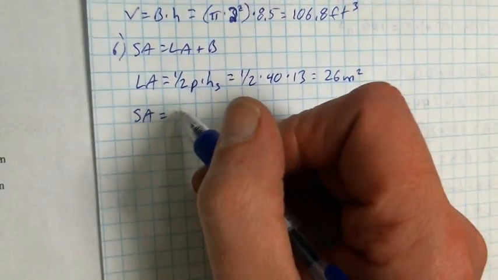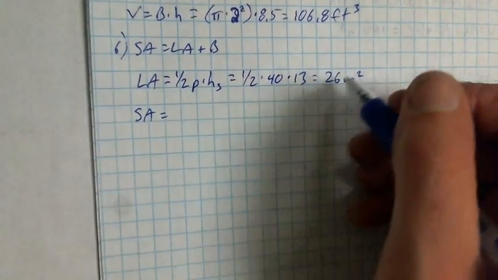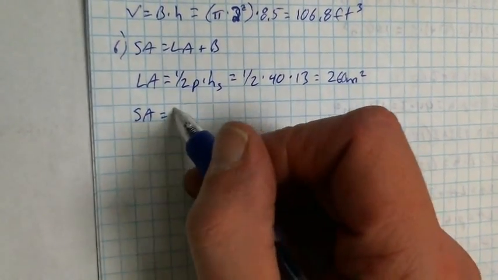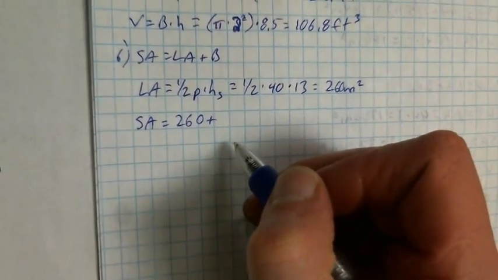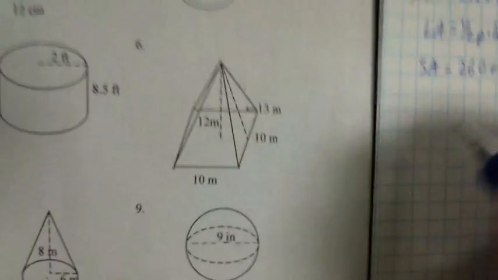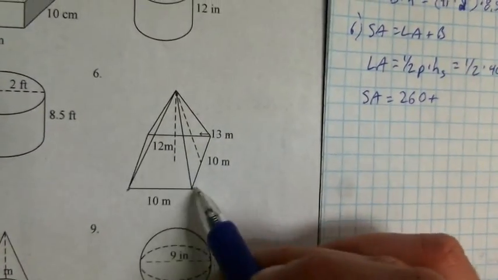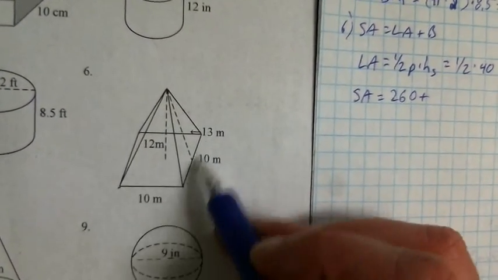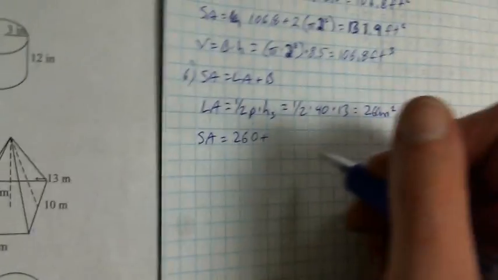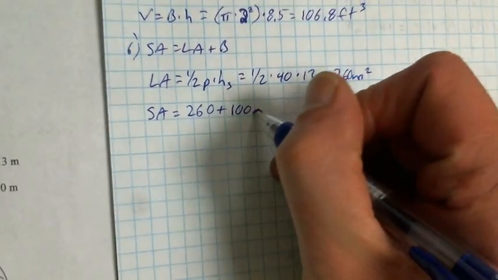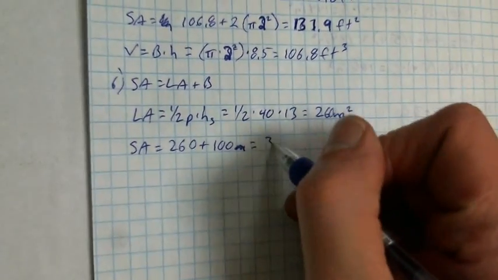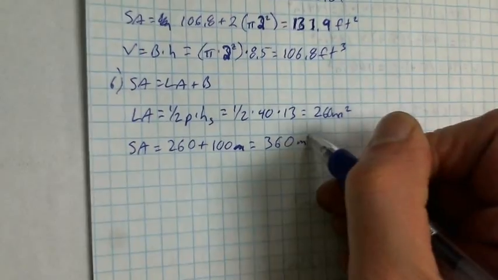Our surface area is the lateral area plus our base. Now our base is a square whose sides are 10 by 10. 10 times 10 is 100. That's 360 square meters.